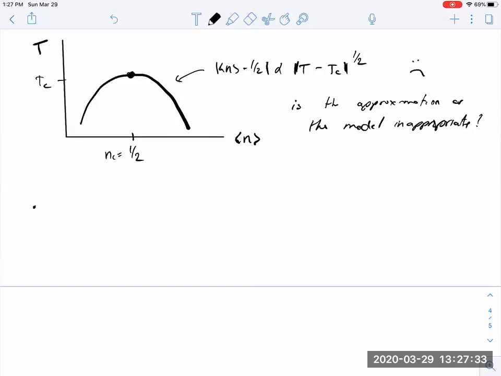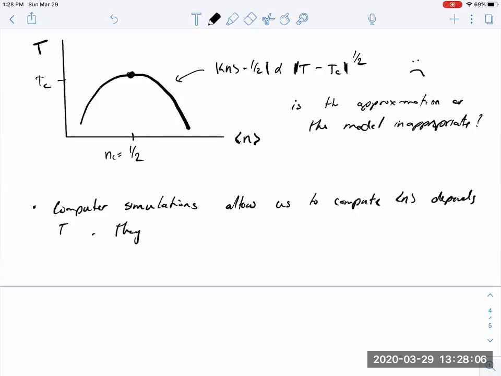And indeed, computer simulations can be made to study this model, essentially allowing us to compute these relationships, how the average number of particles depends on t.